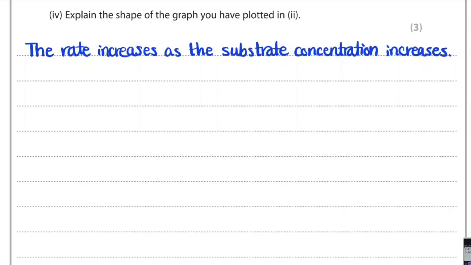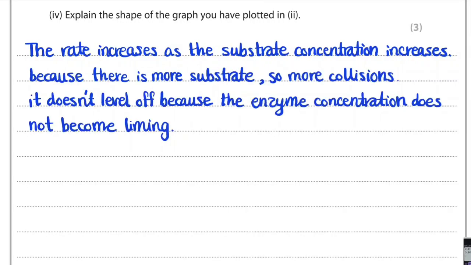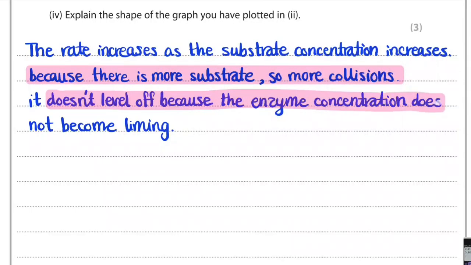So first of all, even though it's an explanation question, I have to describe the graph first with a simple general trend description, that the rate increases as the substrate concentration increases. Next, we can start explaining this graph. So now I've described the general trend of this graph. Then I explained that there is more substrate, more collisions, and it doesn't level off because the enzyme concentration does not become limiting.